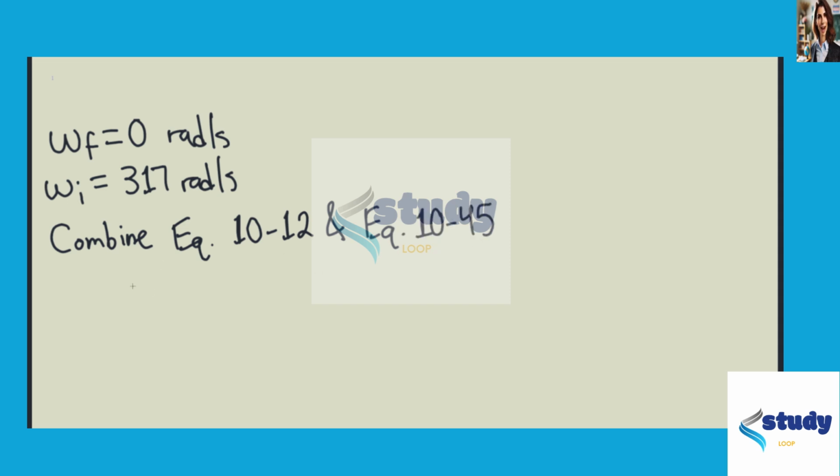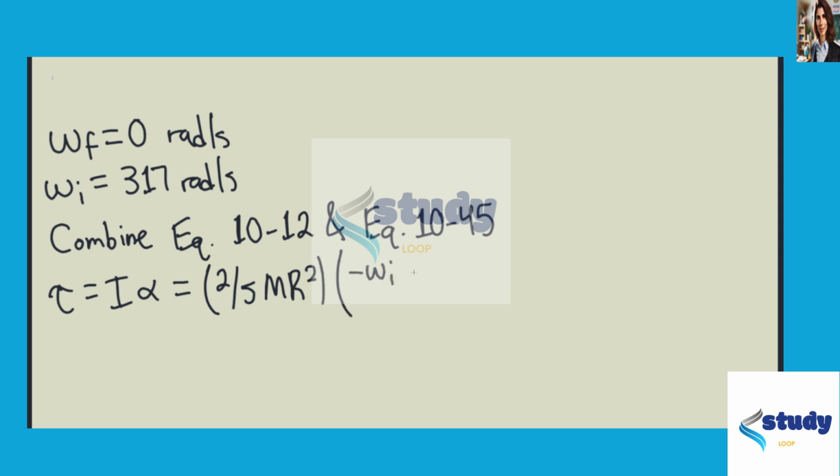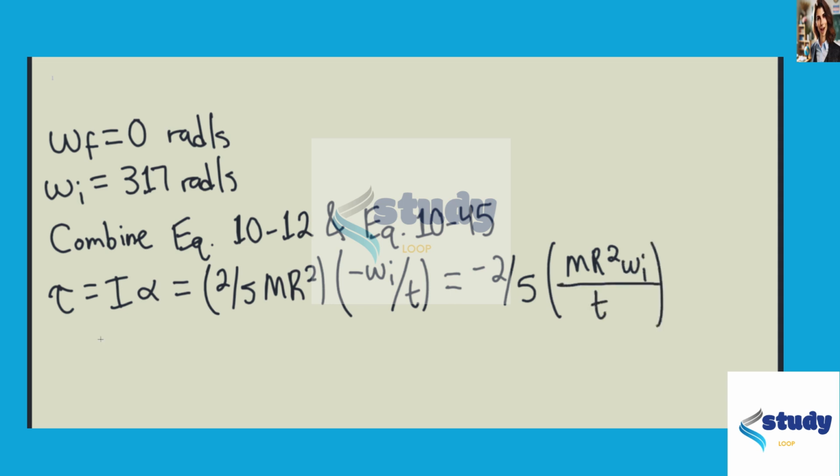At this point, we can say that the net torque would be equal to the moment of inertia times the angular acceleration. This would be equal to 2/5 mr squared multiplied by negative omega initial divided by t, and this would be equal to negative 2/5 times mr squared omega initial divided by t, and we can solve.